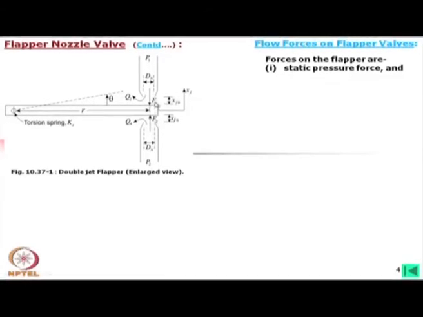This means that F2 should be greater than F1. If we would like to move this one with controlled motion, then this should have a force and this should also have a force. This is done in valve operation.